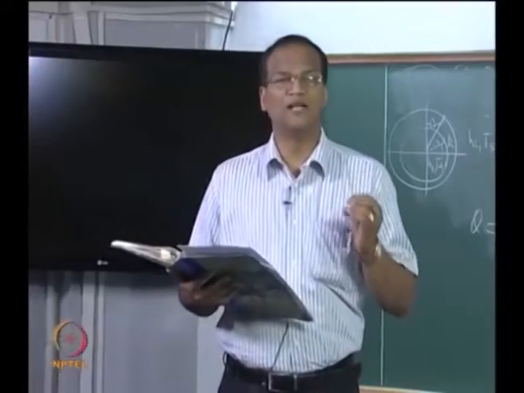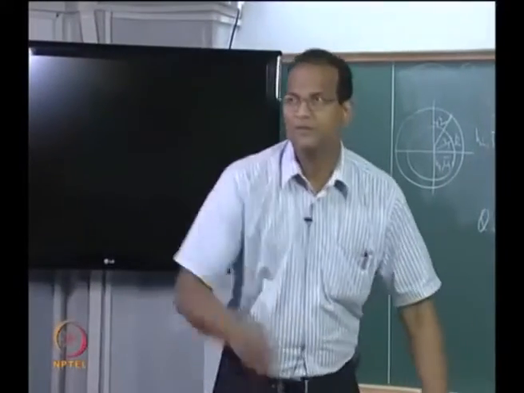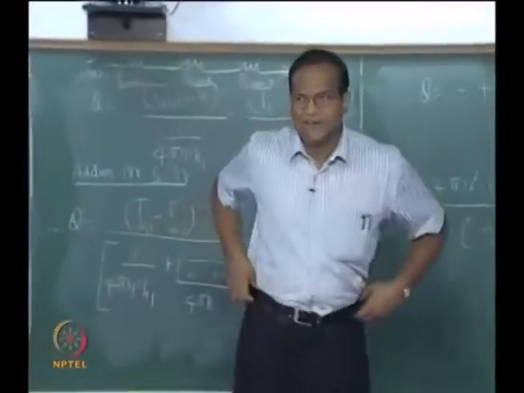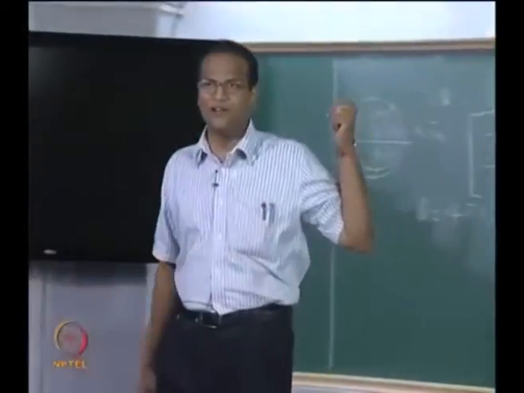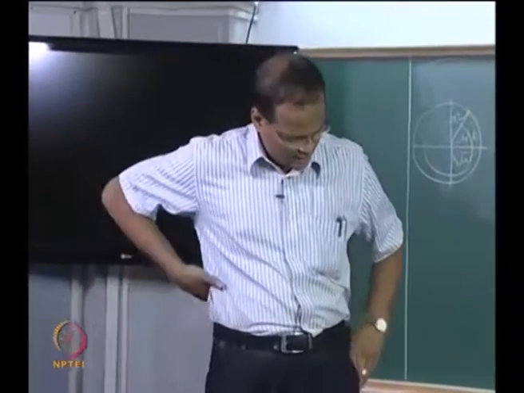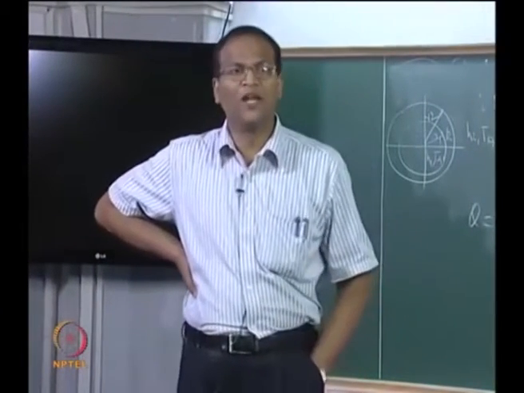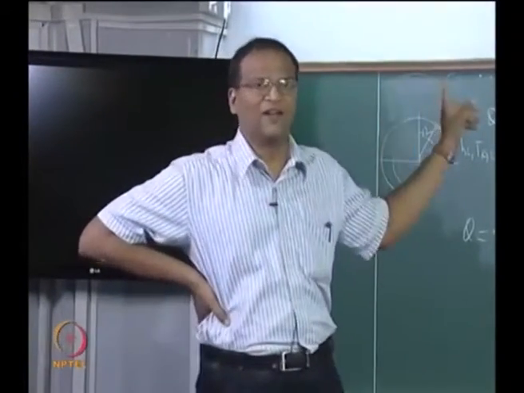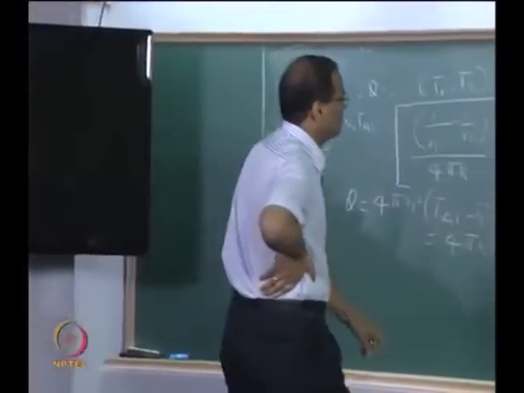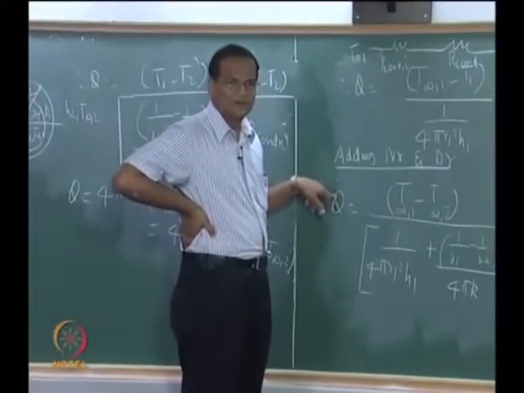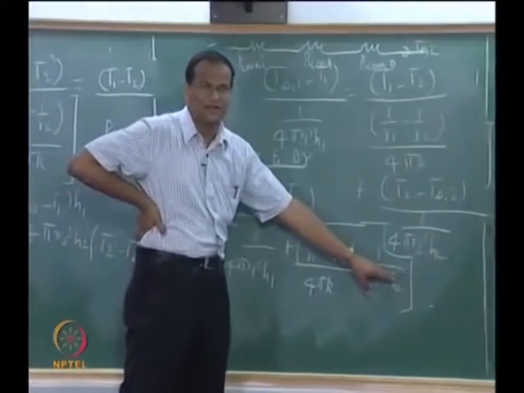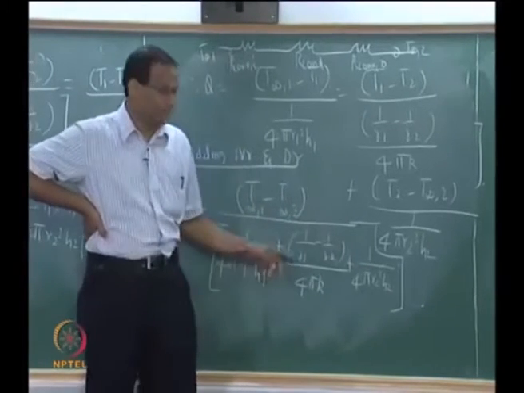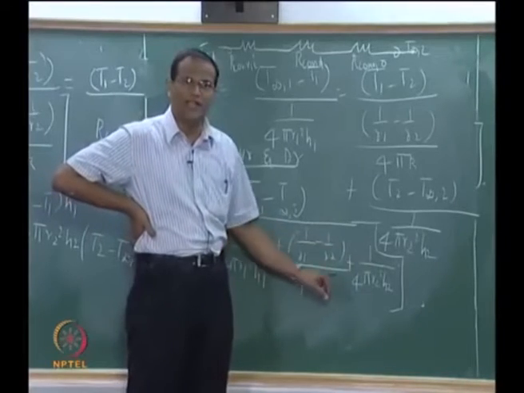So, this problem is adapted from Incropera and DeWitt, because we are on air. You can use the final formula right away. First get the heat transfer losses, 1 kg per day, how much will be the Q, first calculate the Q. Then use this formula: these h1, h2 are not there, but you will have (1/R1 minus 1/R2) by 4 pi K1 plus (1/R2 minus 1/R3) divided by 4 pi K2.